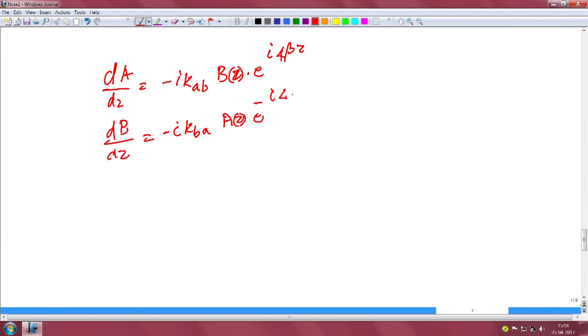One is plus and one is minus, whichever way you define the delta beta. So, these are called the coupled mode equations. We made several approximations. Please check your derivation and note all the places that we have approximated and the reasons for that.